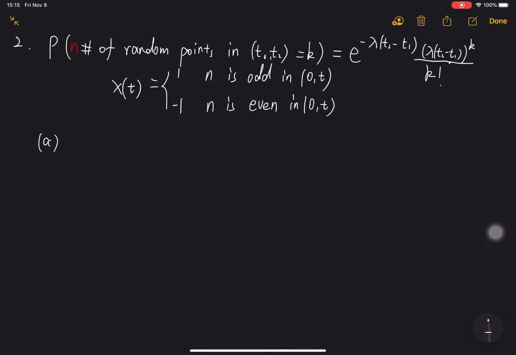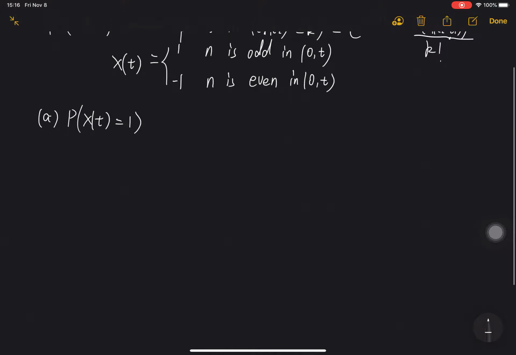The first question is we need to find the probability of X(t) equals 1, which means we need to find the probability of N to be odd in 0 to t. So how do we do that? We know that the probability of X(t) to be 1 is the sum over k odd of e to the minus lambda t times lambda t to the k over k factorial.